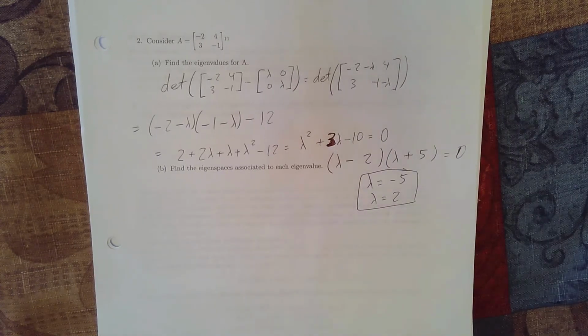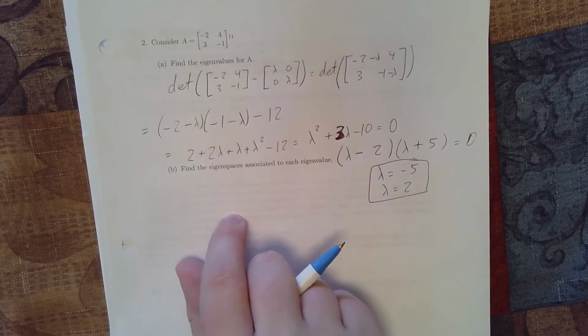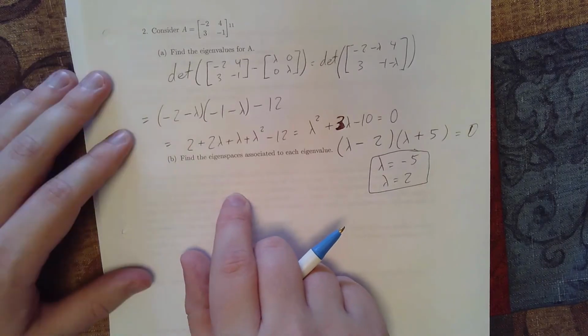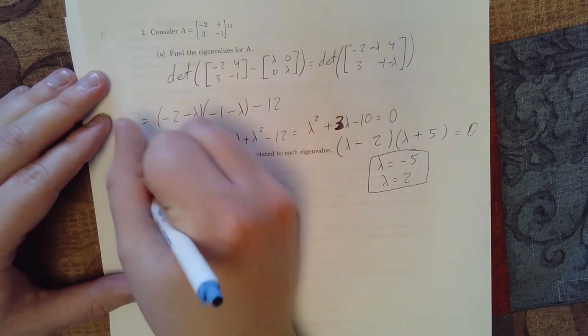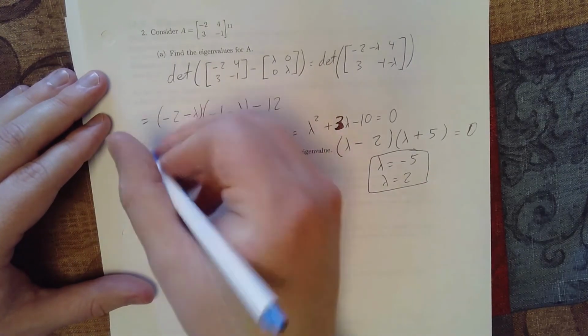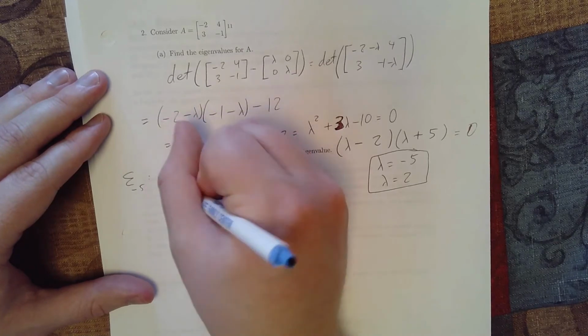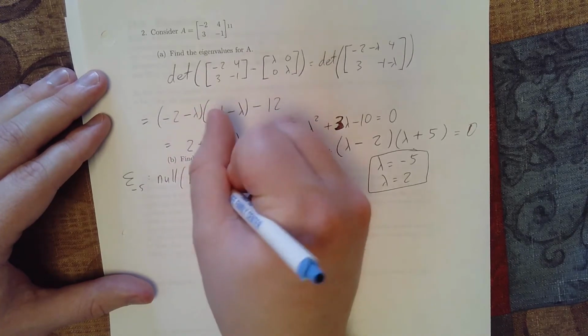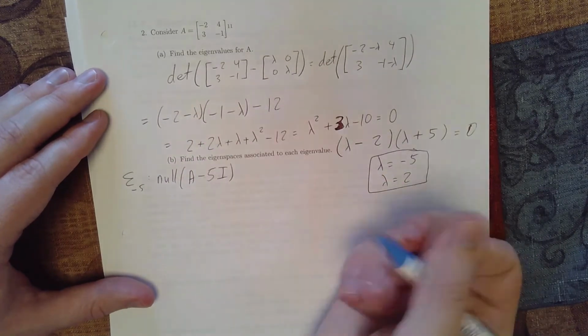Okay, so we want to find our eigenspaces associated with each of those eigenvalues. For the eigenspace associated with -5, we want to find the null space of A minus lambda times the identity.